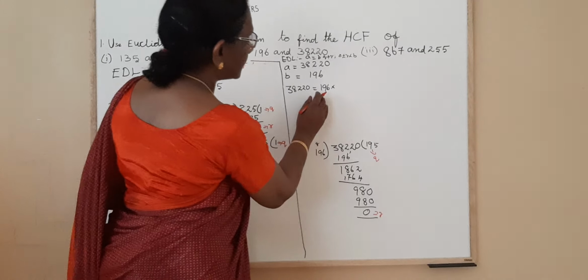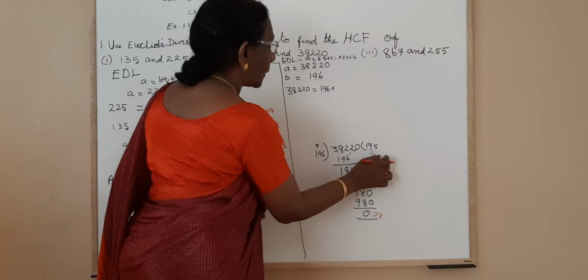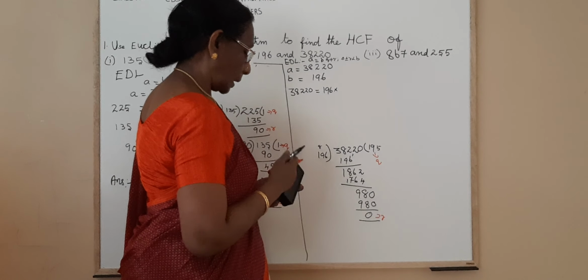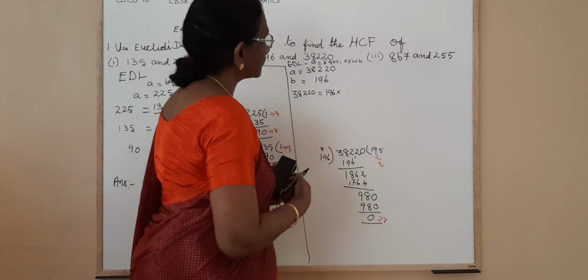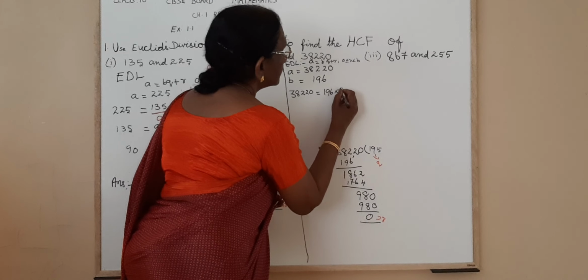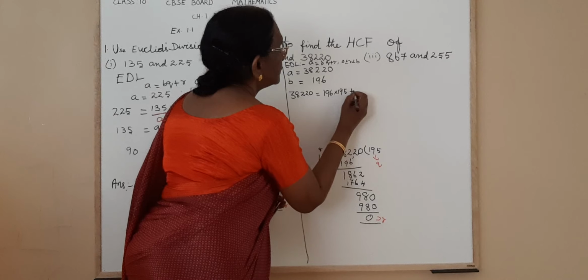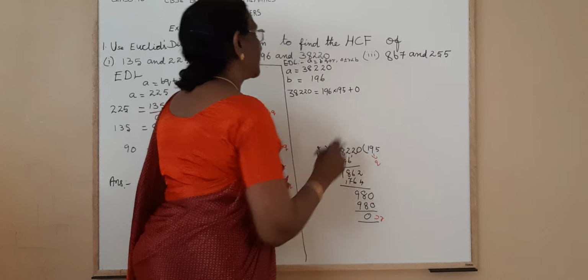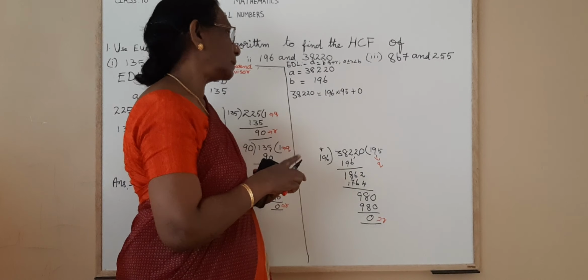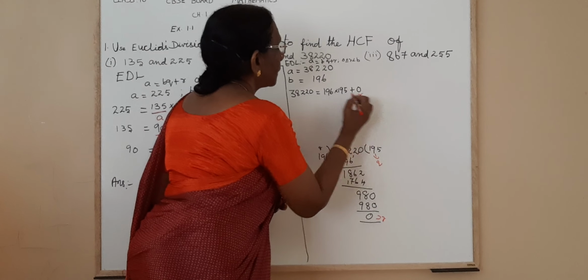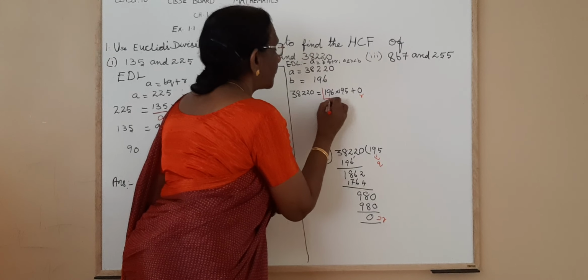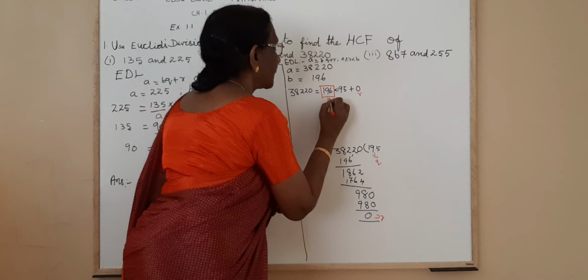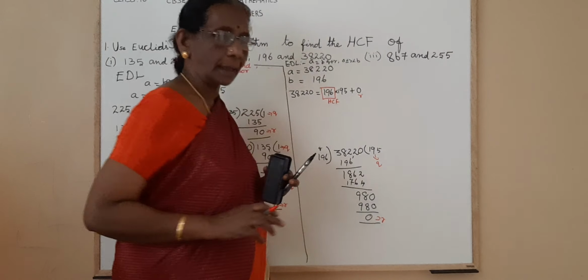So now 196 into, what is the quotient? 195 plus 0. Have you understood? So what is the remainder? It is 0. So what is the highest common factor? 196 is the highest common factor.